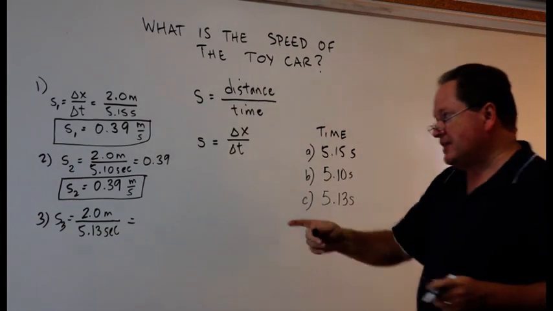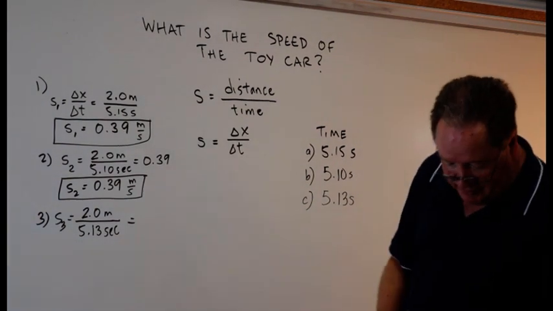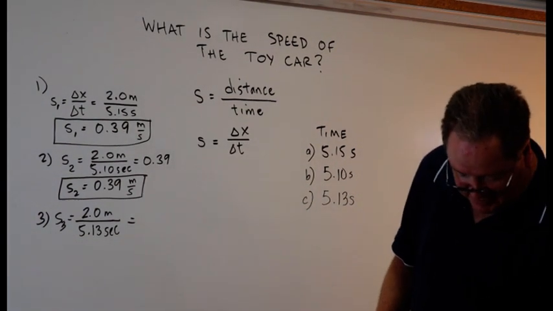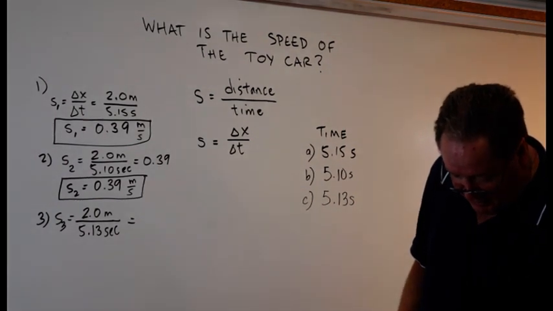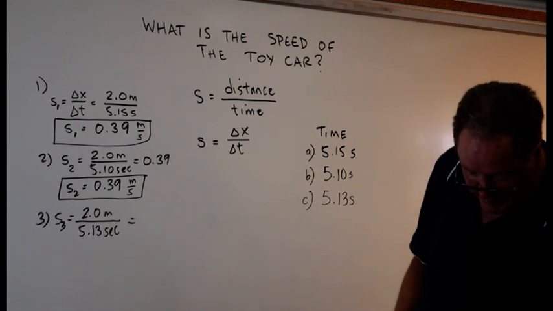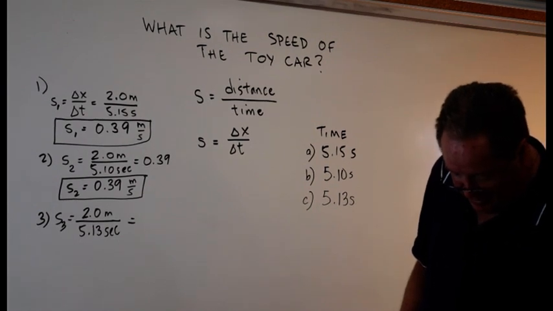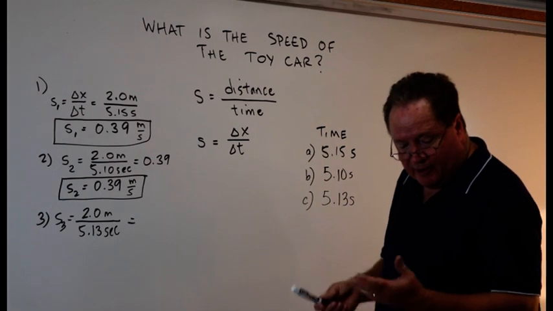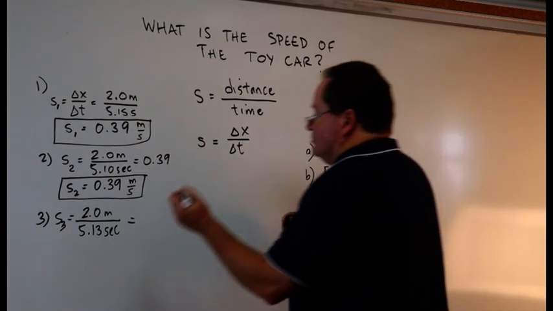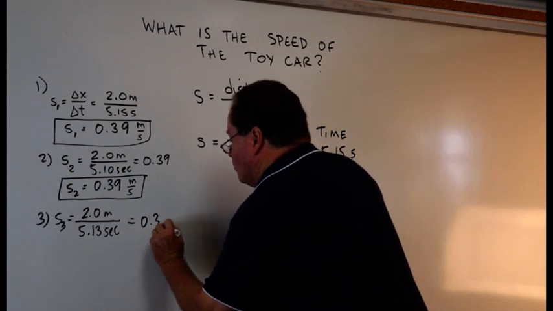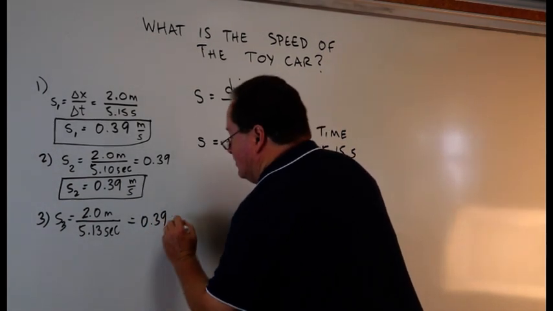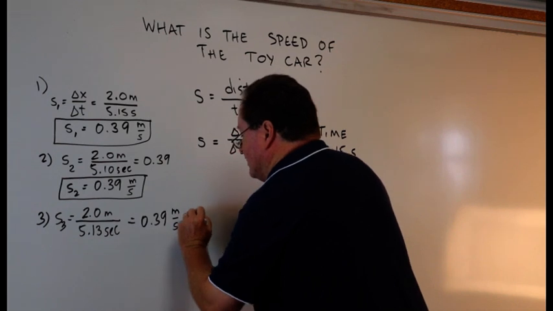I'll guarantee you this is going to be 0.39 also, because that time is in between the other two. So this would be 2.0 divided by 5.13 equals 0.3898. Again, rounding to 2 sig figs, 0.39 meters per second.